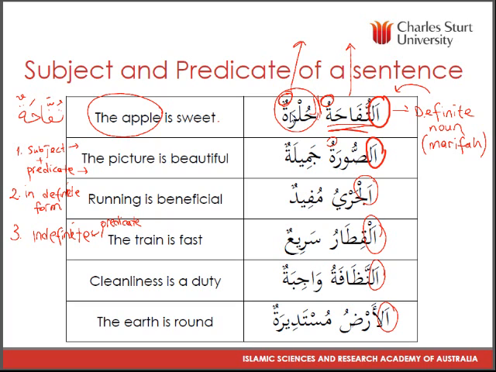But coming to the sister's question, she is saying any apple is sweet. Tufahatun hulwatun could be. There is no problem. But this concept is a first hand. You have to understand this one because the structure of nominative sentences in Arabic is like this. We didn't talk about sifa and mawsuf yet.